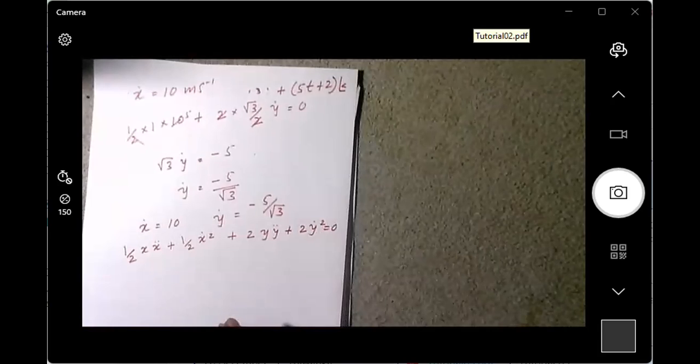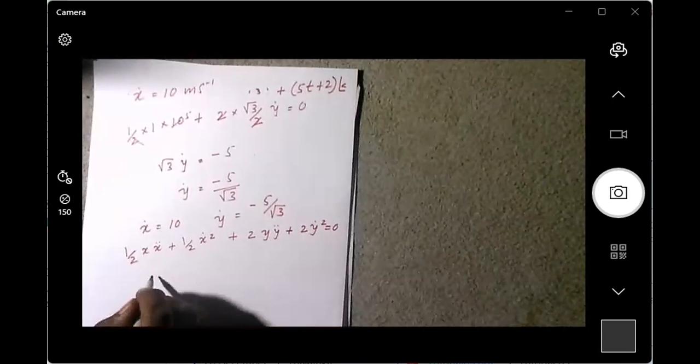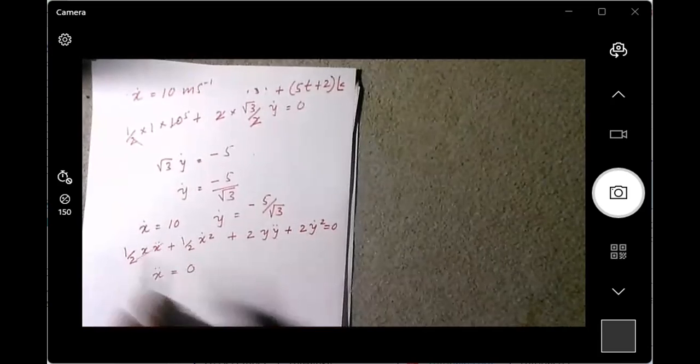Again, in here, the horizontal velocity x dot is a constant. If x dot is a constant, that means x double dot is 0. So this part is going to go out.